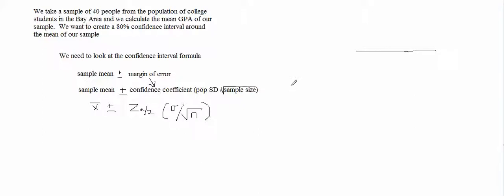Now, how do we do this? Well, first we have to know what the mean of our sample is. Let's say it comes out to an average GPA of 2.8. Our sample mean is 2.8 now.